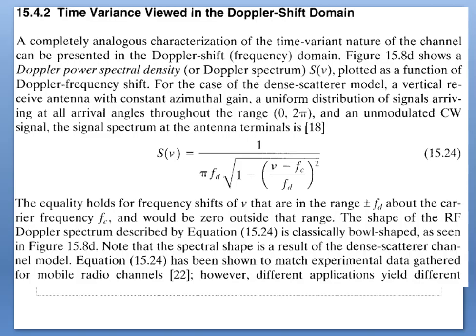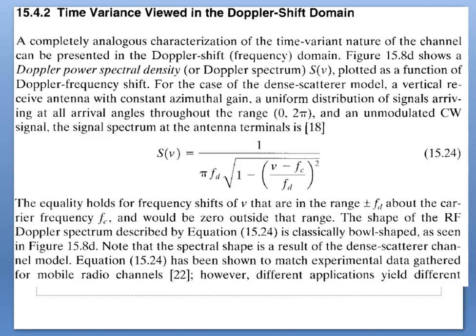The Doppler power spectrum of the signal yields knowledge about the spectral spreading of a transmitted sinusoid. In the Doppler shift domain, S of V is regarded as a dual of the multipath intensity profile S of tau, since the latter yields knowledge about the time spreading of a transmitted impulse in the time delay domain.